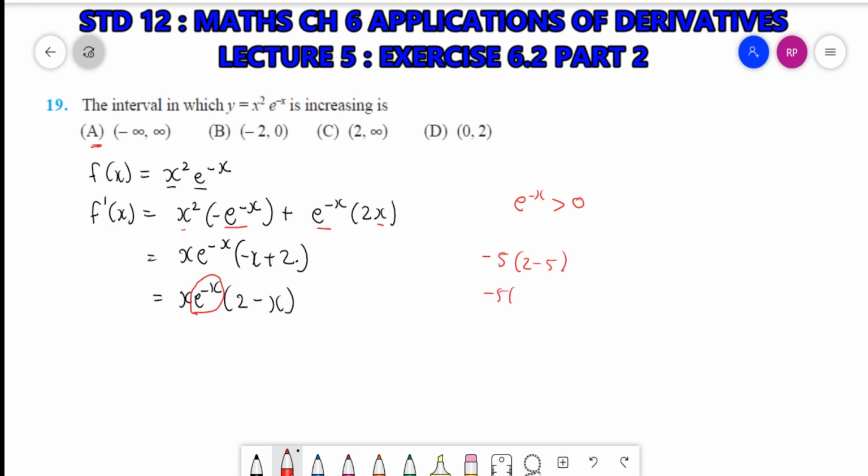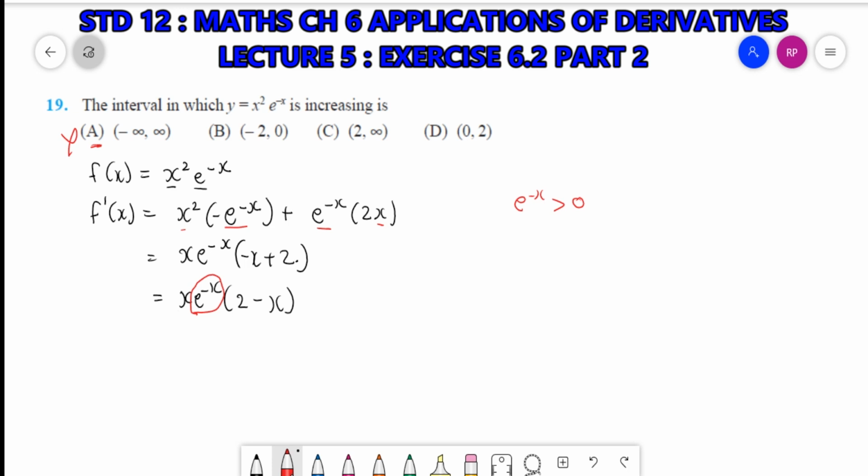So minus 5 into 7, it will be less than 0. So it is not increasing. So option A gets cancelled.